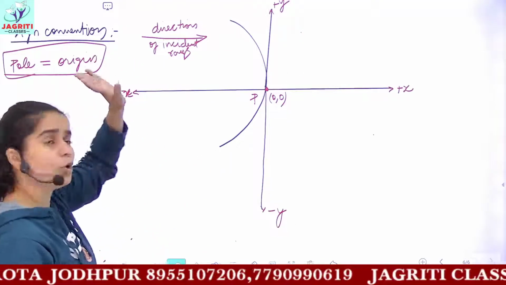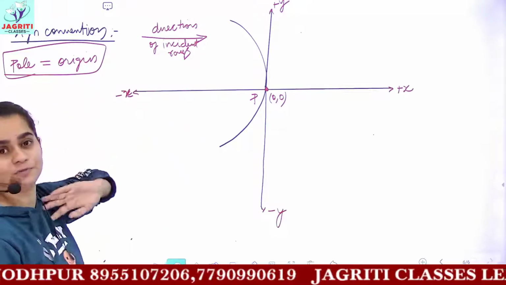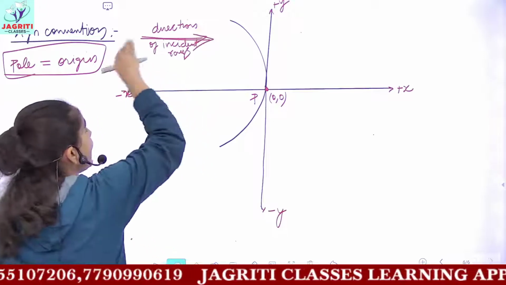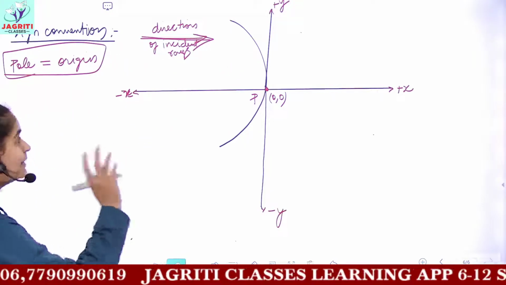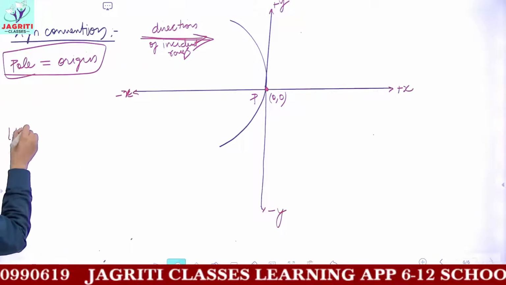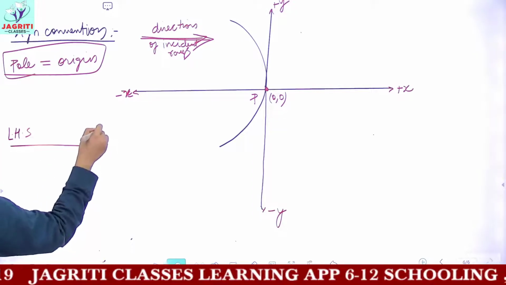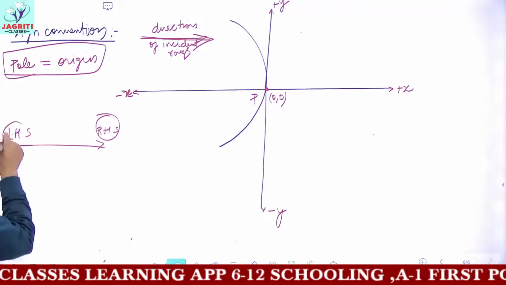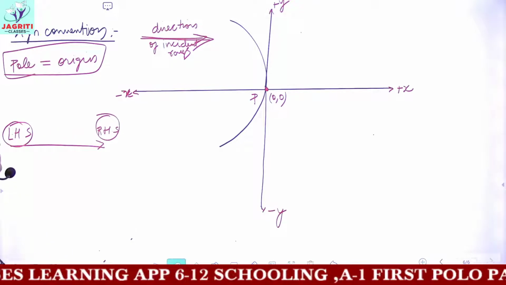So every time the object is at the left hand side of the mirror, and the light rays coming from the object have the direction of right hand side. We are considering left hand side to right hand side direction. This direction I am taking to be right and this to be left.